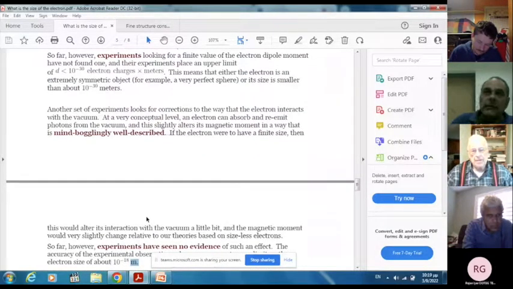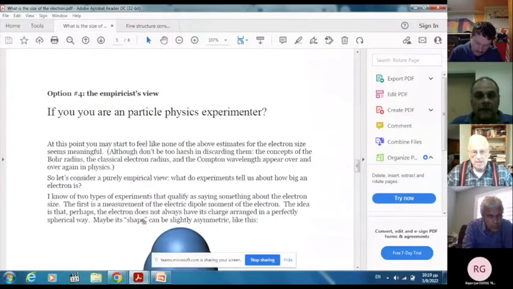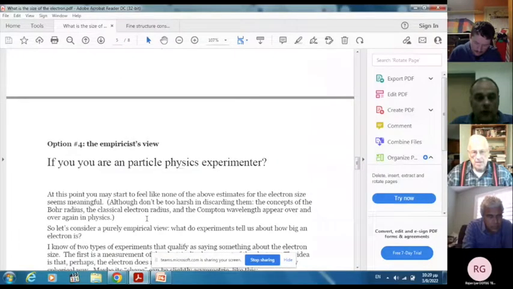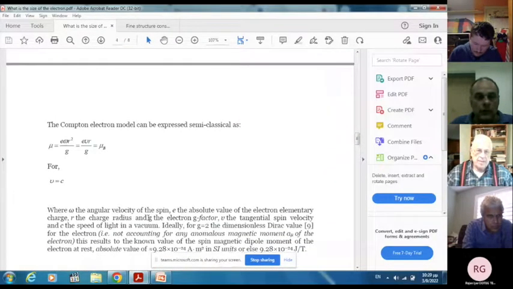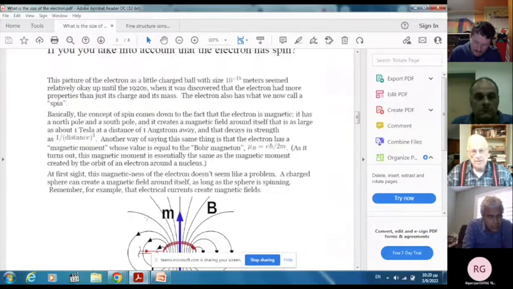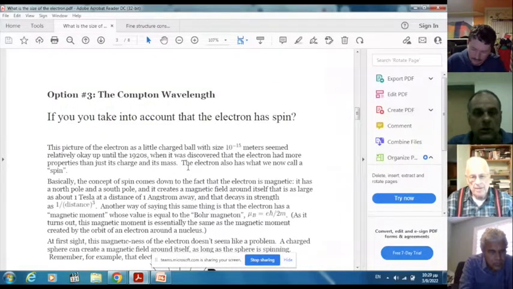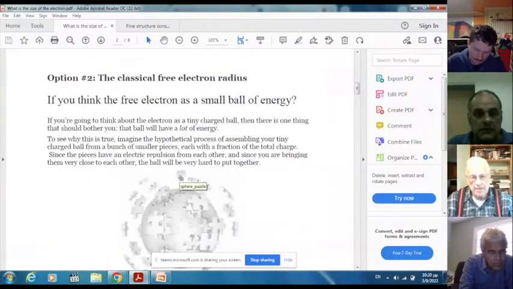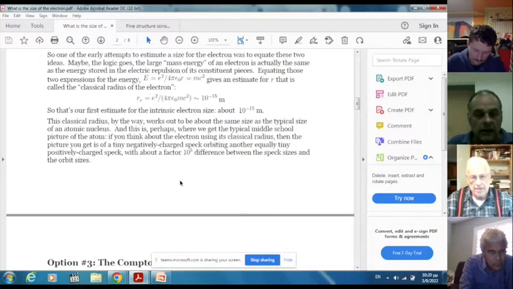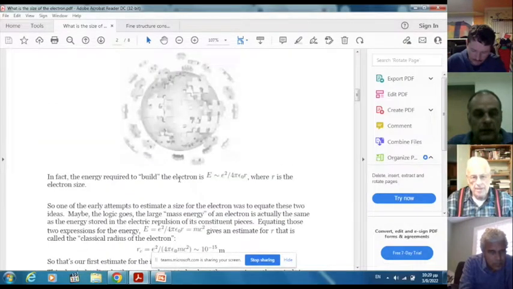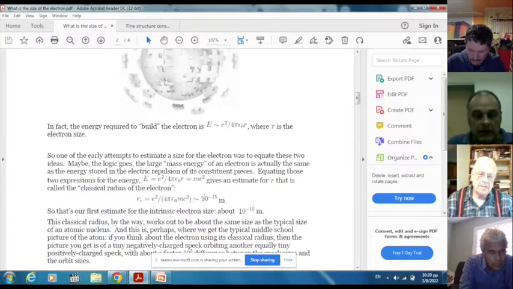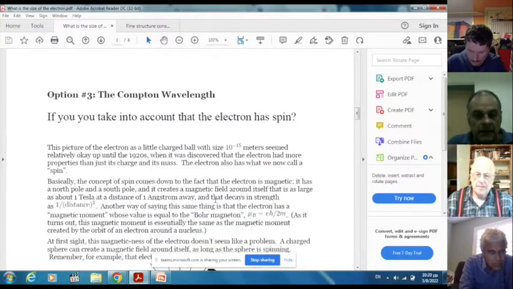So the empirical people say we cannot find any size. We have option 4. We have option 3, which is derived from the spin of the electron and its radius. We have, according to its mass and energy, the energy of the electron, another classical radius, at minus 15.